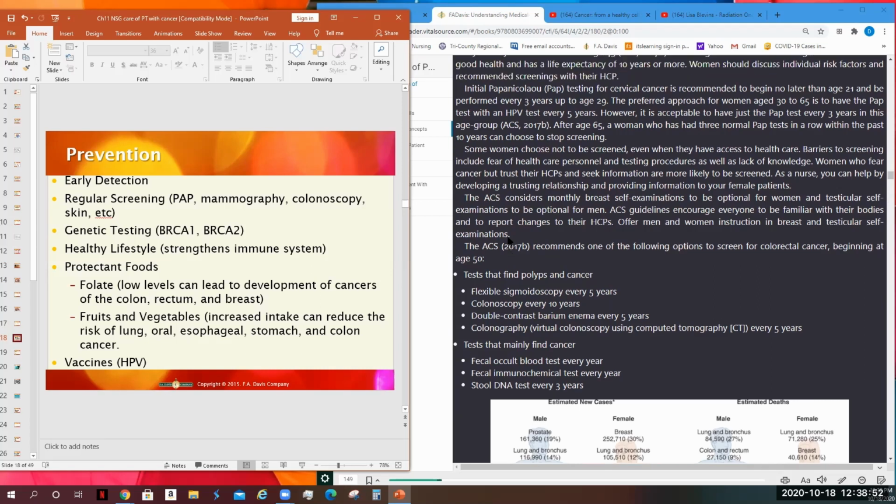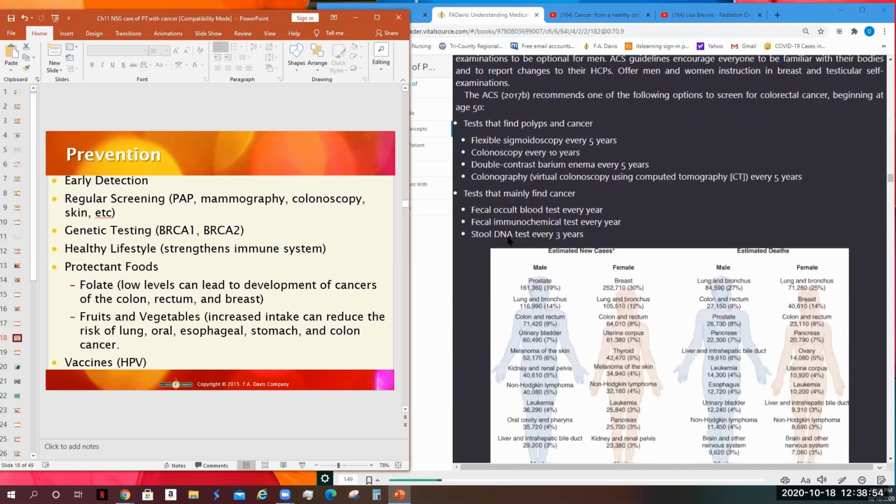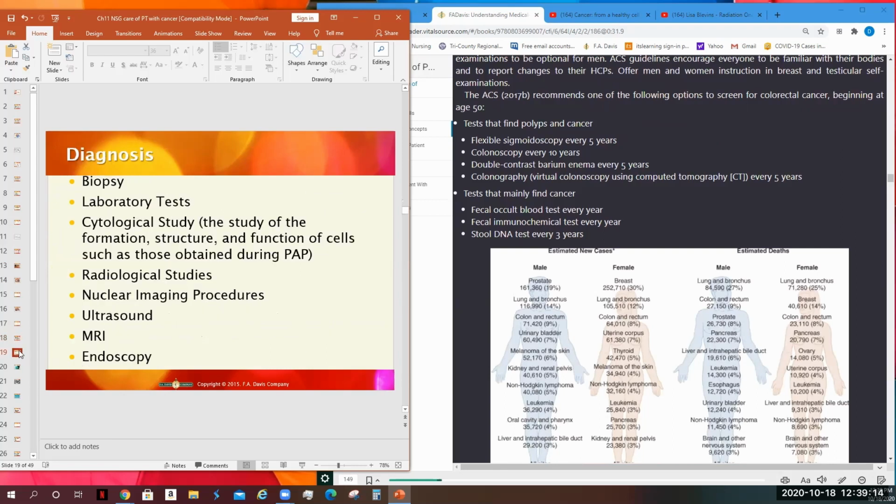The ACS recommends one of the following options to screen for colorectal cancer beginning at age 50. So tests that find polyps and cancer include a flexible sigmoidoscopy every 5 years, which is a camera that goes through your anus and into the colon, and a colonoscopy, but I don't think it goes that far into the colon.